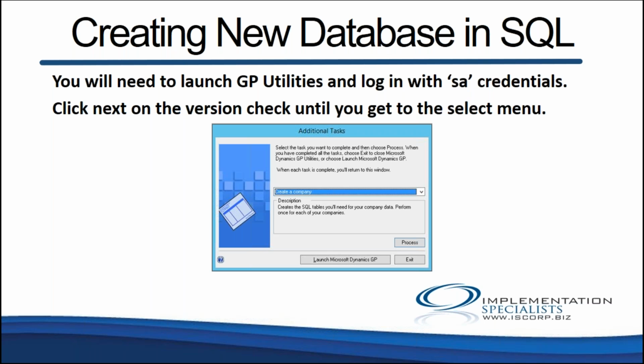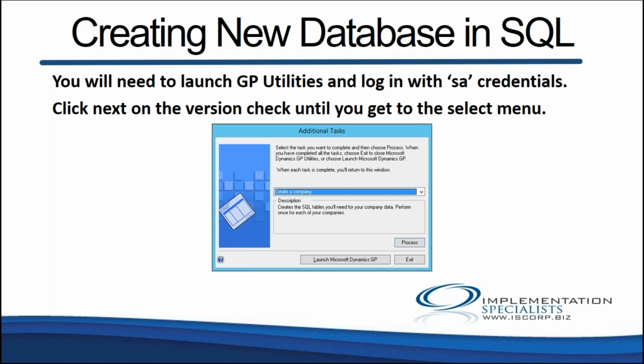All right, in order to do this, you'll want to launch GP Utilities and log in with the SA credentials. It'll first prompt you that it's going to do a version check. Just keep clicking next until you get to this additional tasks menu here. If you create a new database, it's recommended that you launch utilities directly on the SQL server itself.